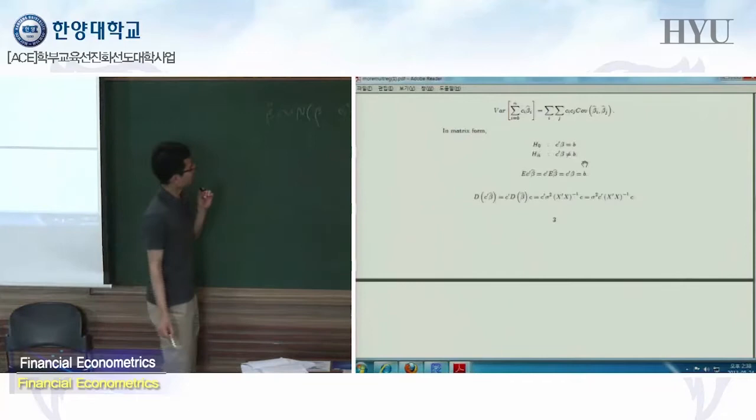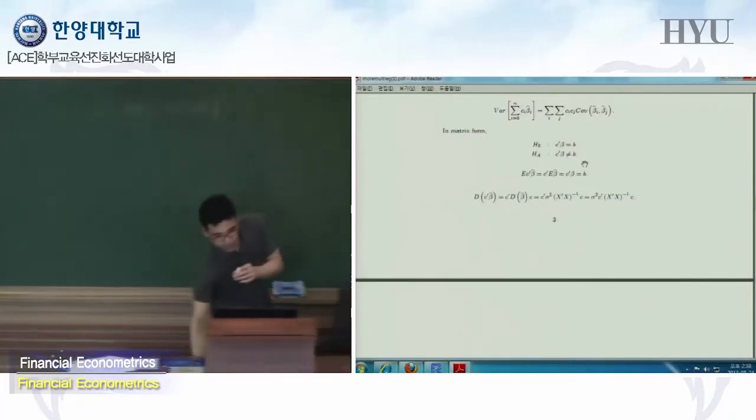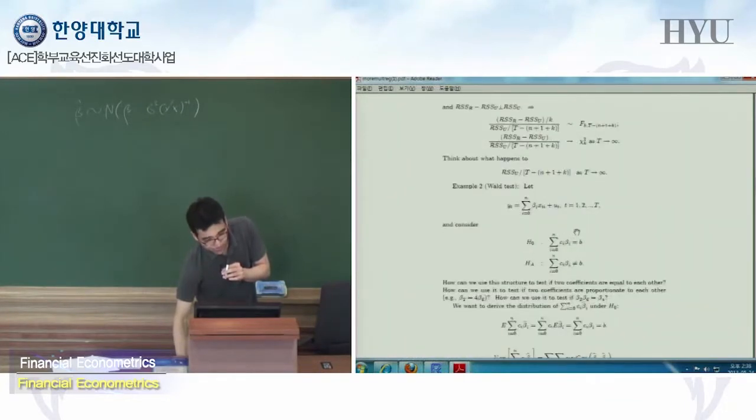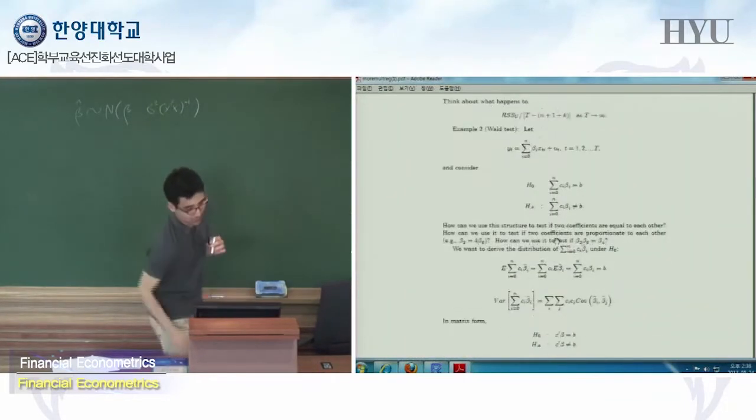And then, previously, which example do I want to use? Suppose let's use the Wald test.